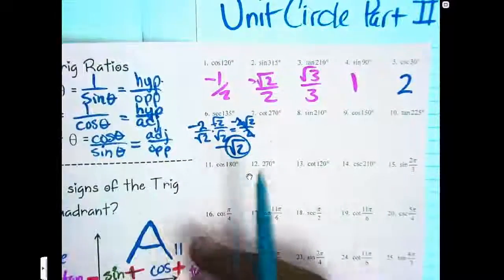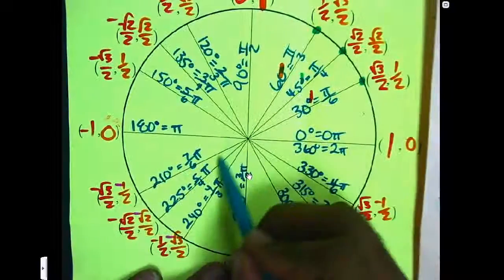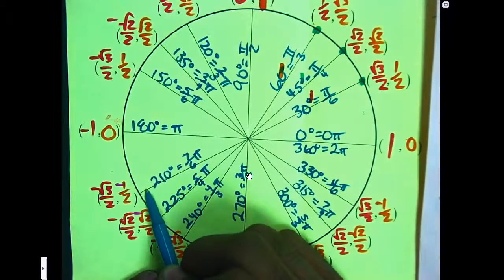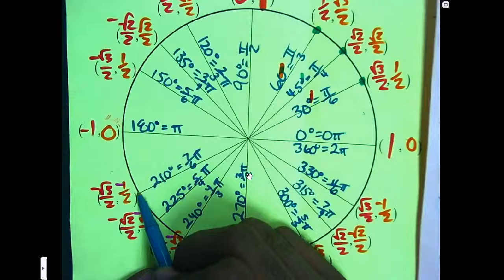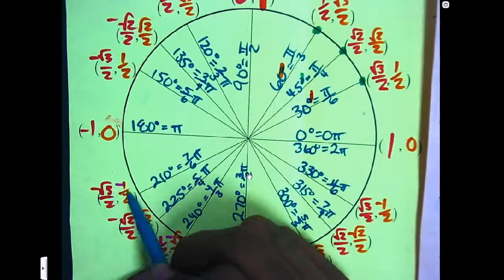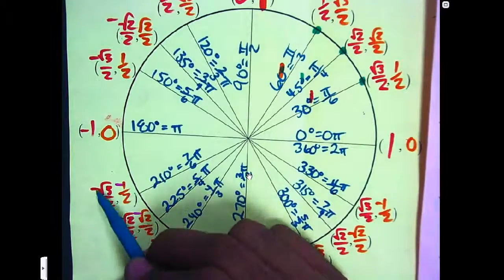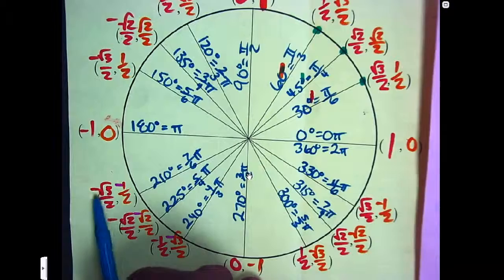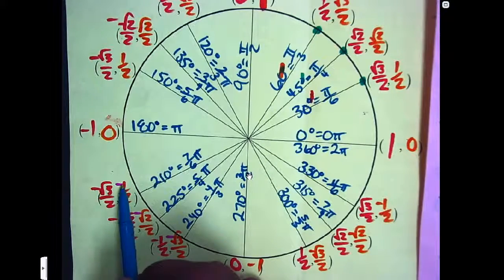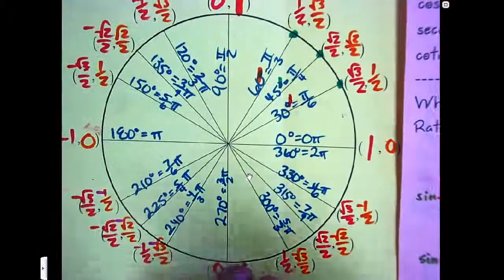So for 210, let's go over to our unit circle. 210 is here, and it's the adjacent, which is the x value, over the opposite, which is our y value. Okay? And this is negative, so I know it's going to be positive.